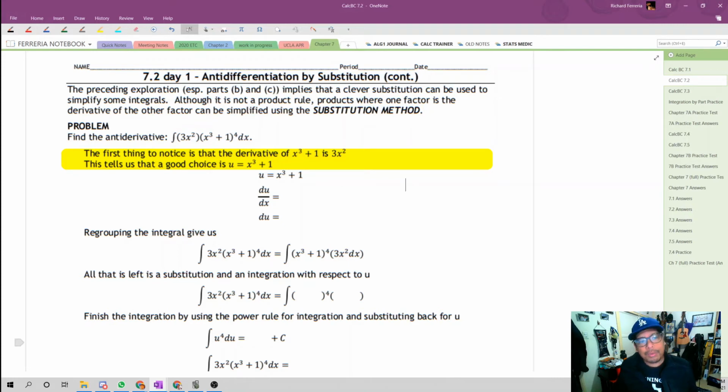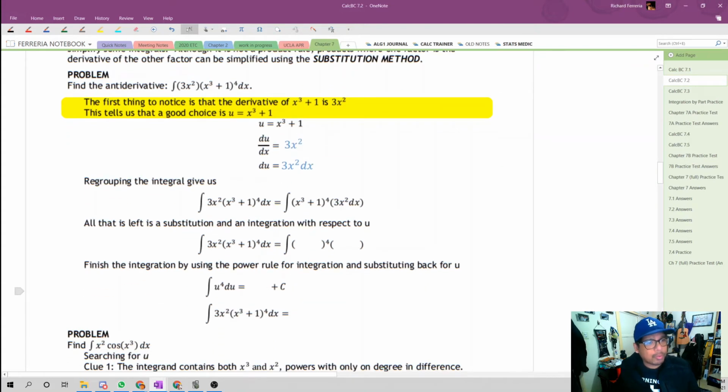So if we say u is x cubed plus 1, let's do the same kind of thing that we did previously. So if u is x cubed plus 1, du dx is 3x squared. With a little bit of algebra, we see that du is 3x squared dx. So we can regroup things here in our integral. So we're going to rearrange. We're going to put this 3x squared together with dx.